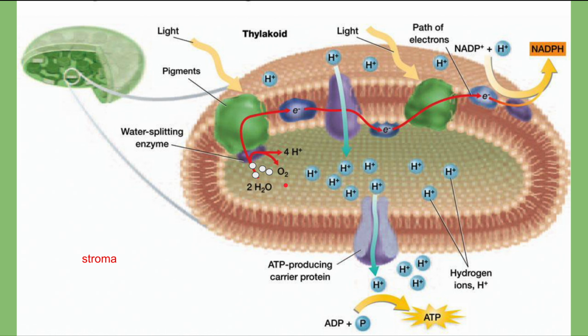Now, how did we get our product? Well, this oxygen gas is already made. So, this oxygen gas just leaves the cell and leaves the plant back into the atmosphere. And since it's a gas, it can pass through the membrane easily.